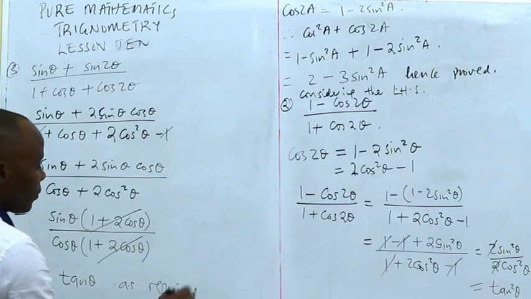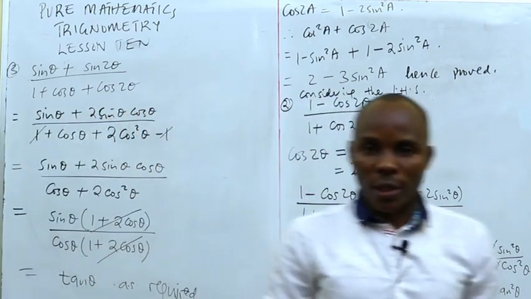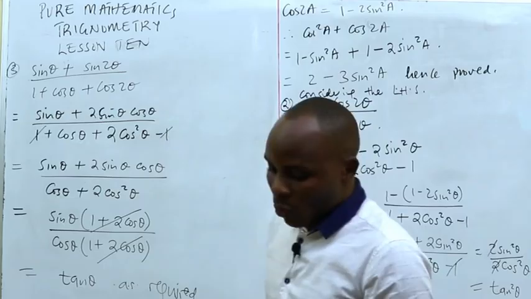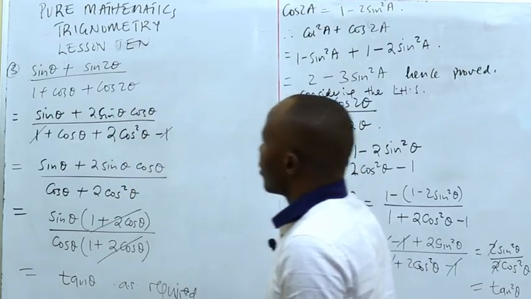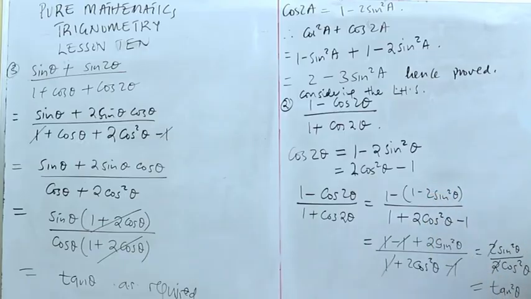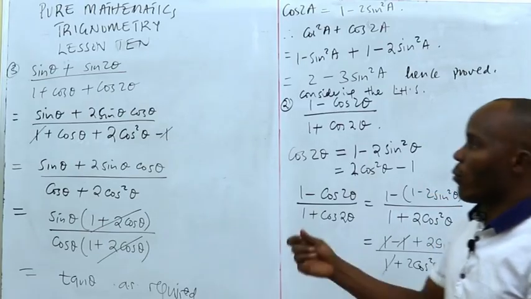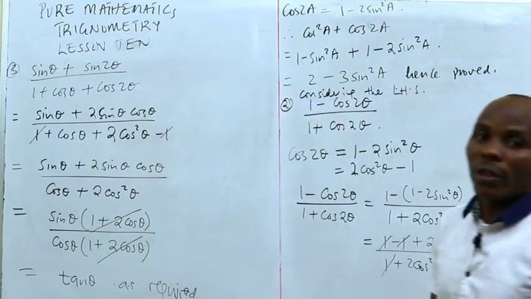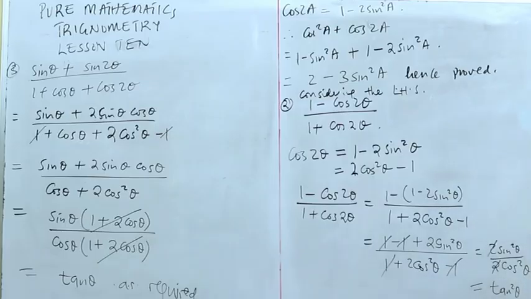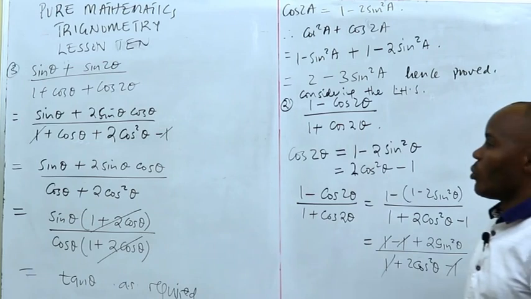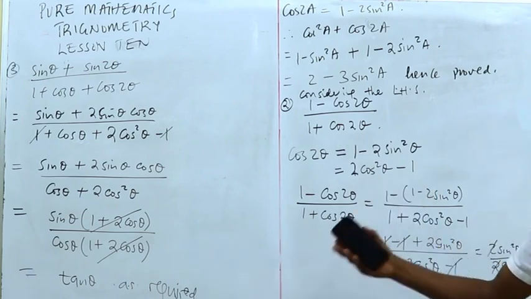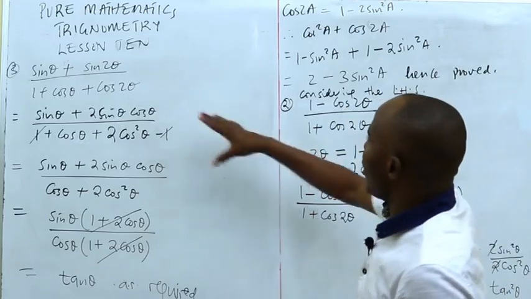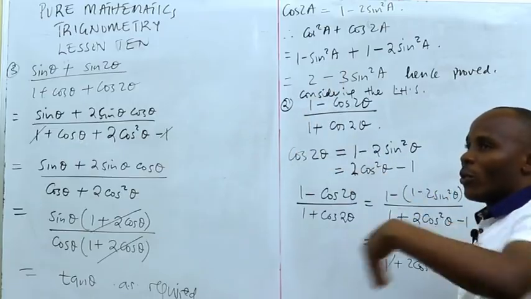Ladies and gentlemen, what I'm trying to say is we can use the double angle formulas to prove as many identities as you can imagine. You can also use them to solve different trig problems. One thing you should know: in my proofs, I'm using all the identities.